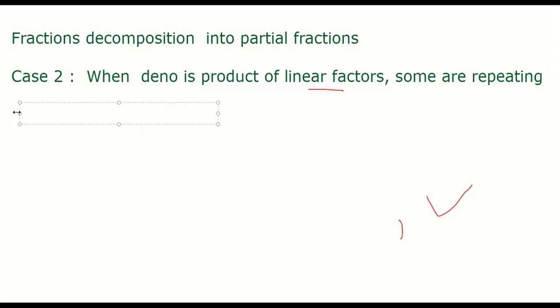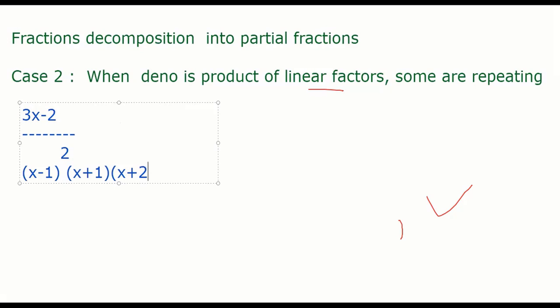Suppose some question is like that: 3x minus 2, and this time I am already giving it in the form of factors: x minus 1 whole square, then x plus 1, and then x plus 2. This is case 2, because x plus 1 and x plus 2 are not repeating, but x minus 1 is squared.